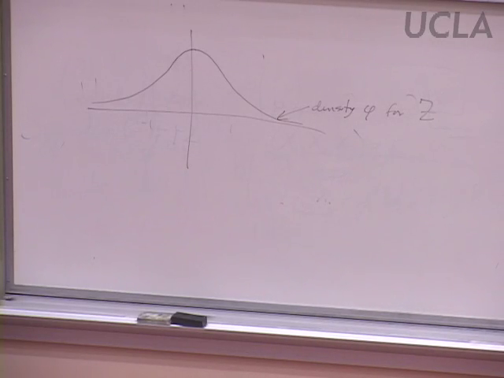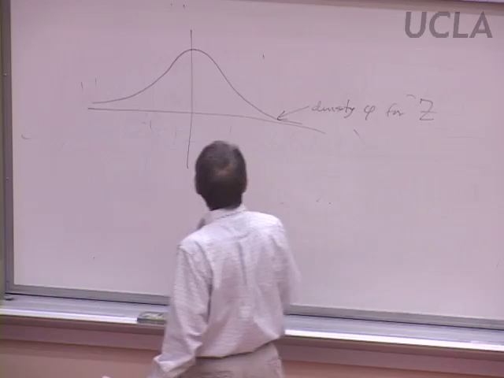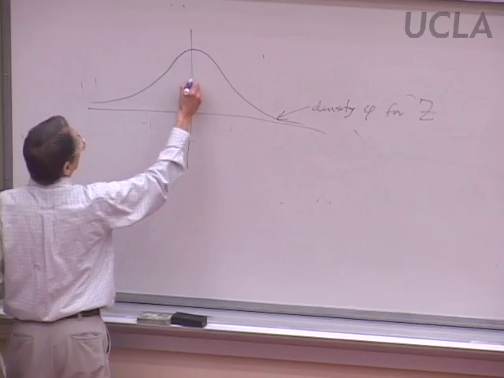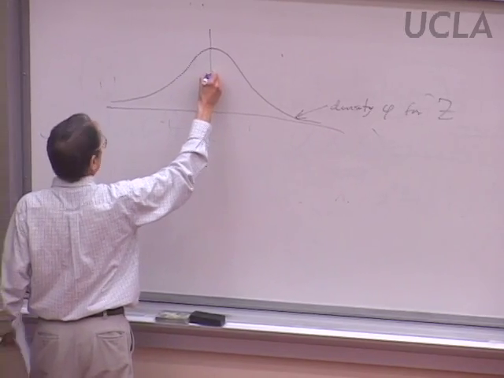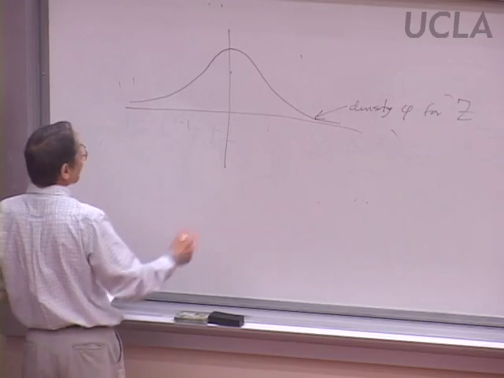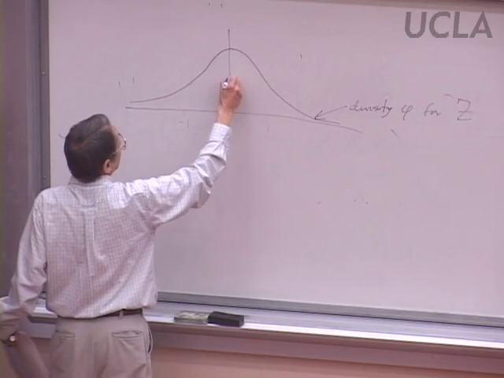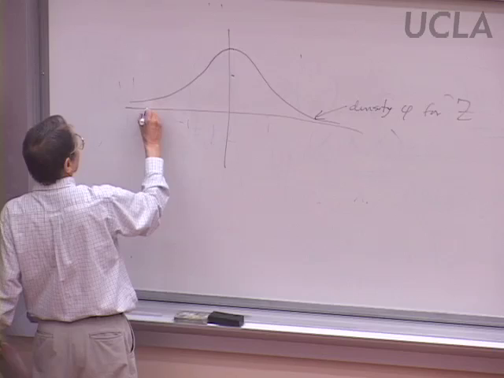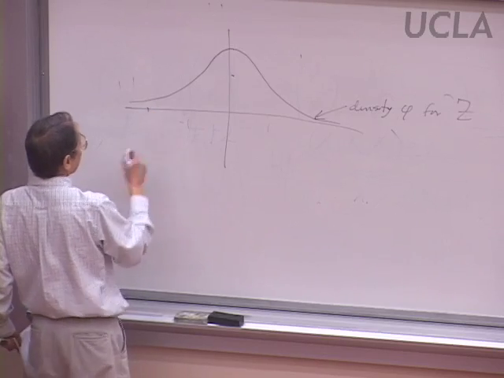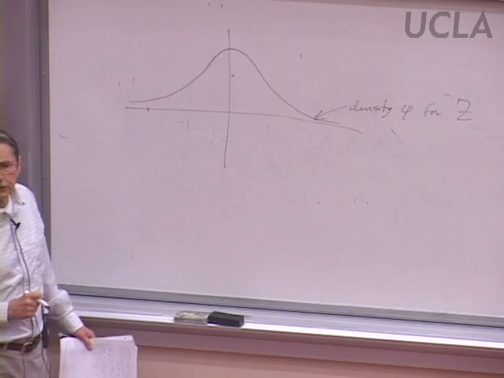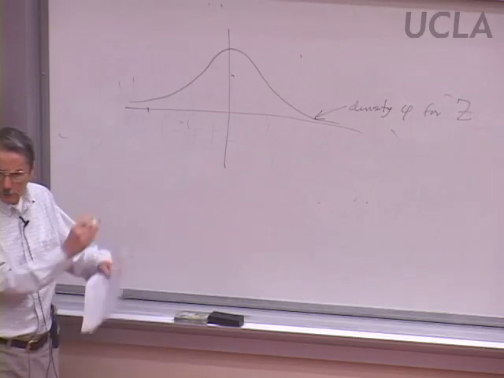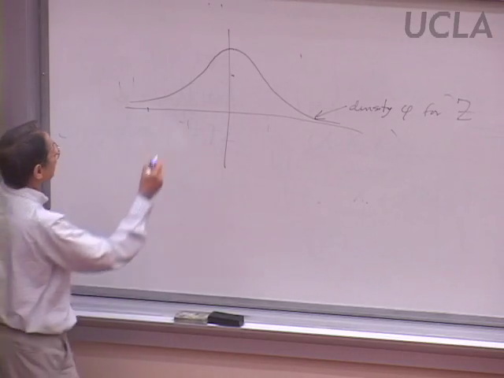What if we take 2Z? What is the density function going to look like? Well, the standard deviation is going to be 2, so it's going to spread things out some.